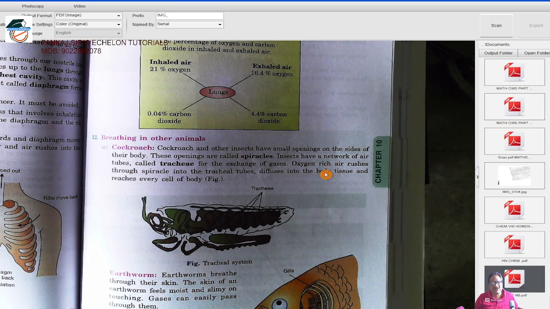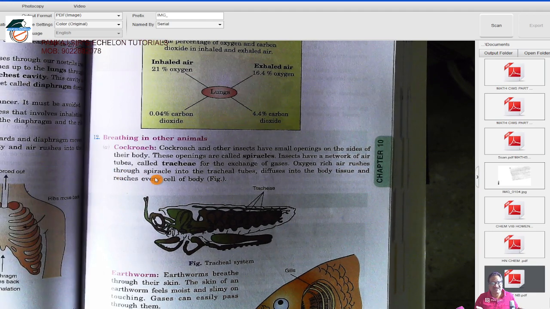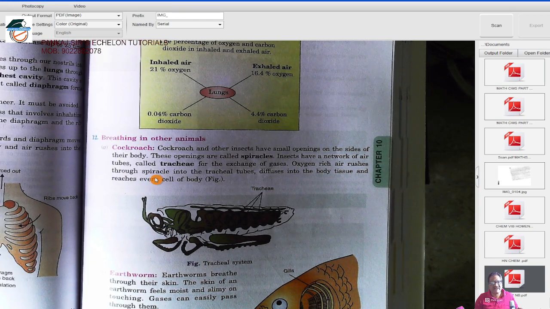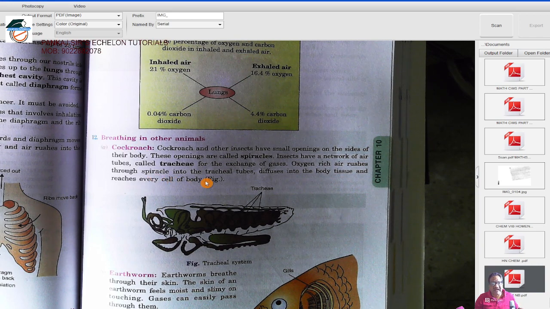Oxygen rich air rushes through the spiracle, just like in human beings it is through the nostrils. So in cockroaches the air which is rich in oxygen rushes inside the cockroach's body through spiracles, enters into the trachea tube, and diffuses into the blood tissue.